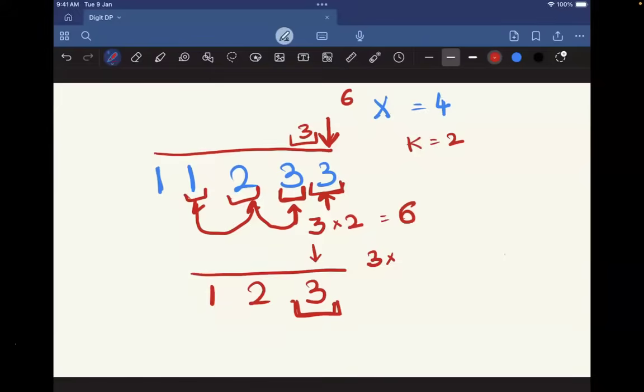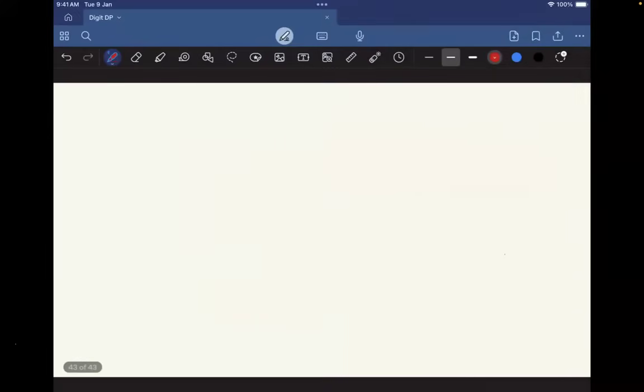Okay. Now, let me take a relatively larger array and let me show you an example through which it should be clear for everyone. Consider the array something like 1, 1, 1, 1, 2, 2, right?